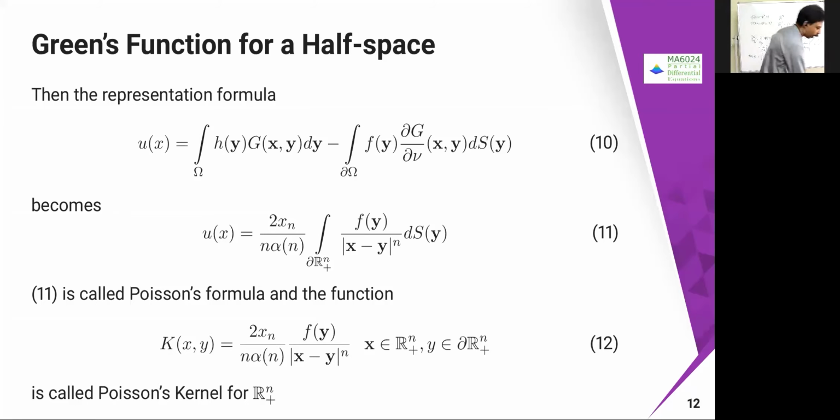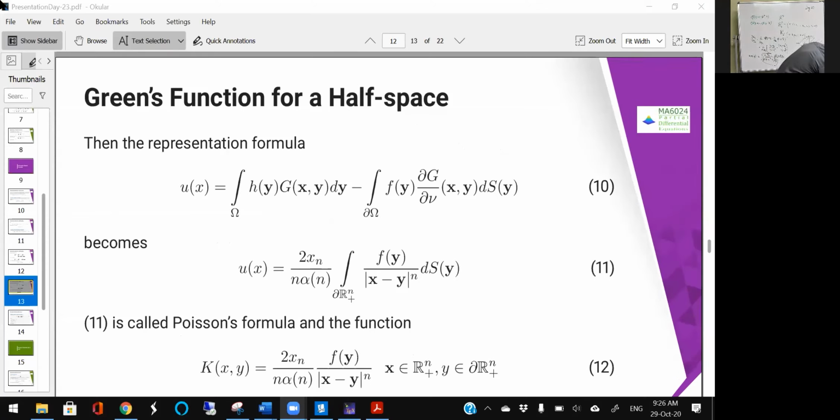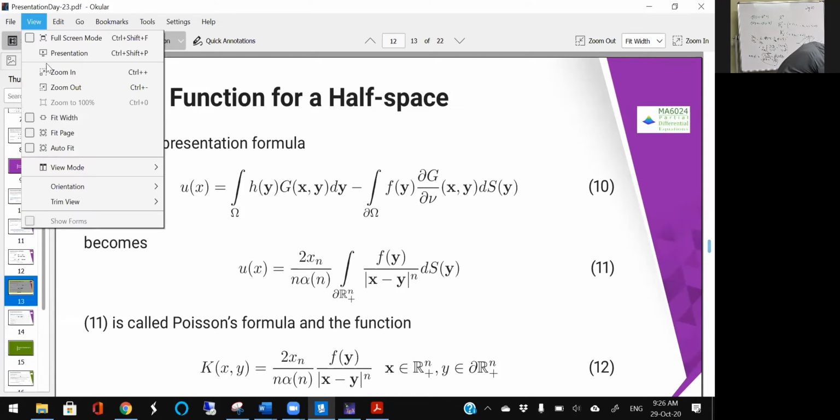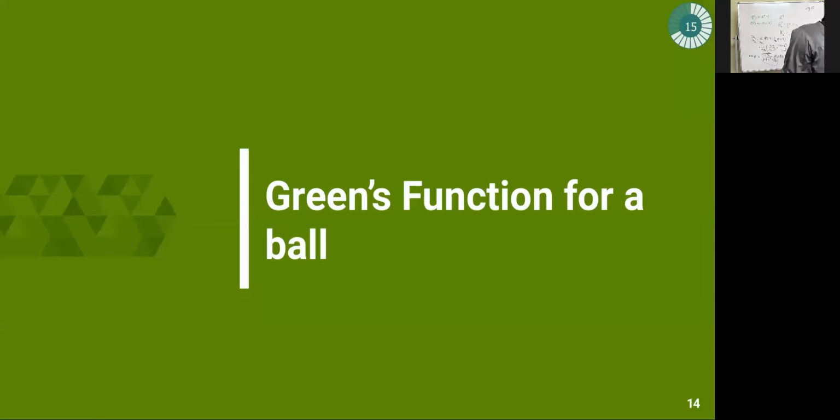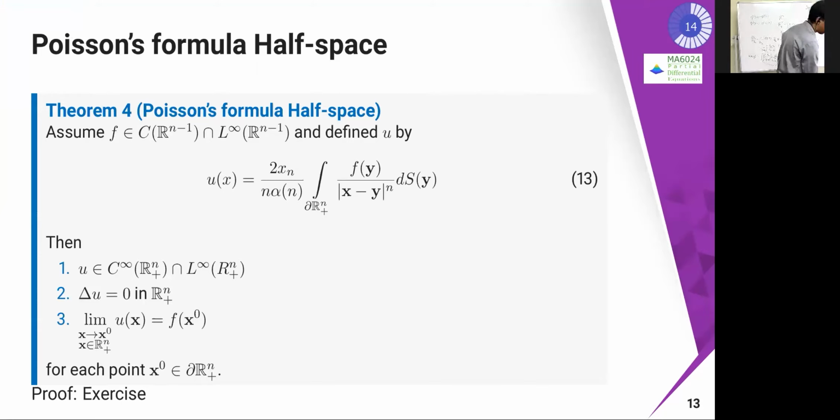Almost the same kind of things we are going to do for the unit ball also. This is a theorem, and I'm leaving it as an exercise; we can do it the same way.